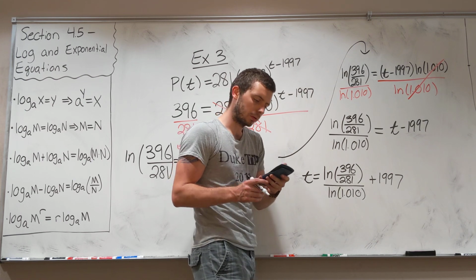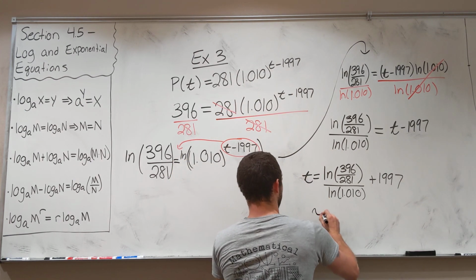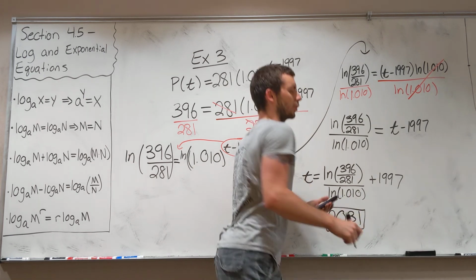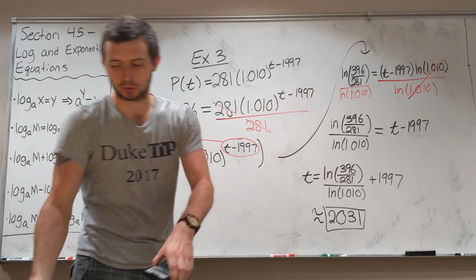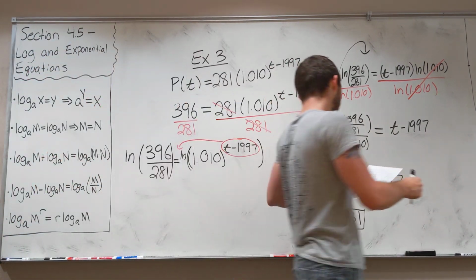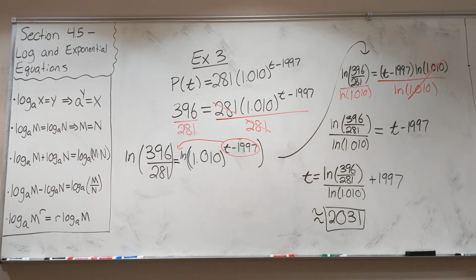And you should get 2031, which translates to the population will reach 396 million people by the year 2031. And that would conclude this section.